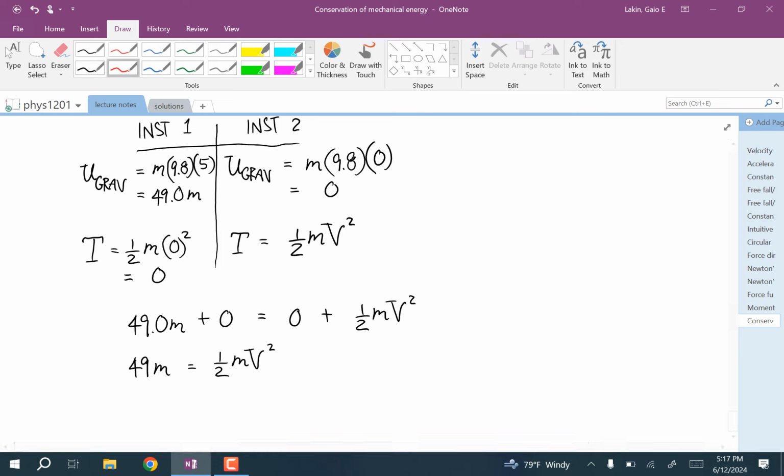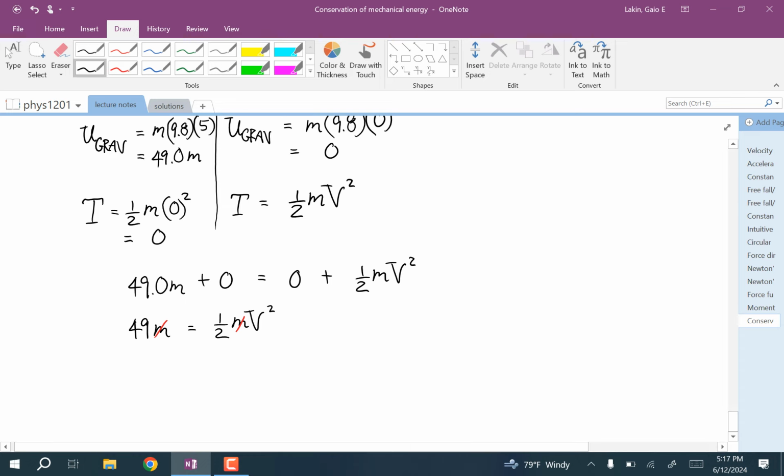You can divide both sides by m, and that gets rid of these, which just shows that this answer is going to be the same no matter what that skier's mass is. Multiply both sides by 2, you get v squared is equal to 98. And you get that the speed of the skier at the bottom of the hill is 9.90 meters per second. Speed is always positive, so that's how you know it's not the negative one.